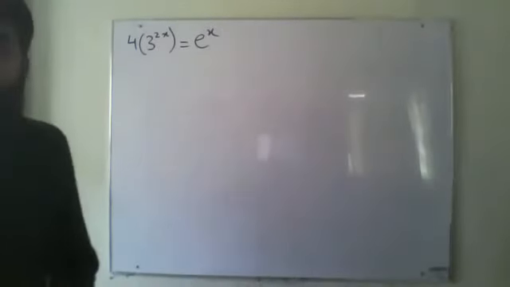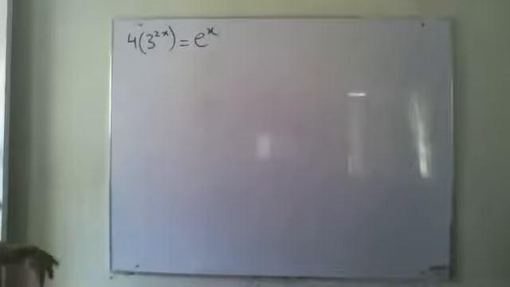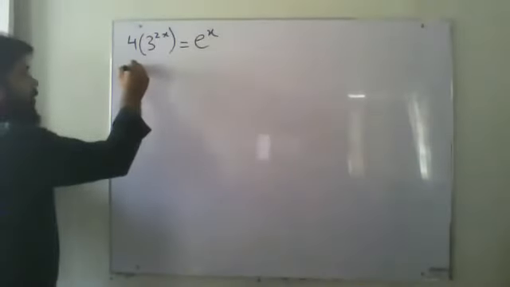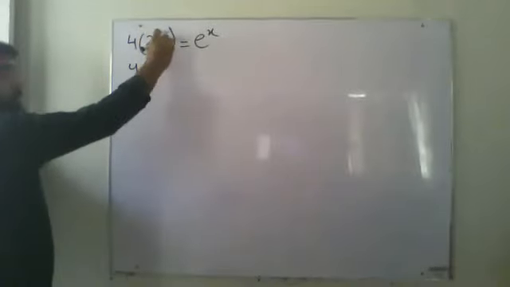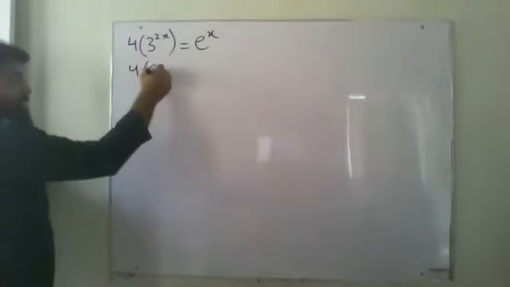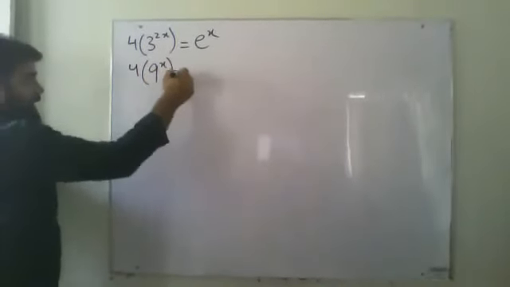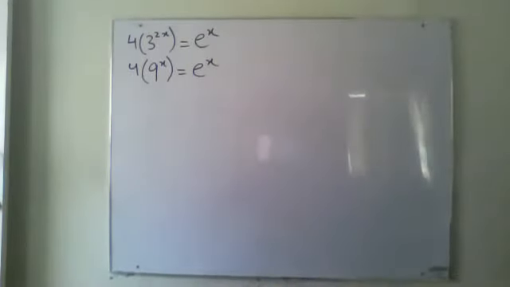So which log will I have to apply? That is the thing I have to see. First of all, 3 has 2x, a multiple is given, so 2 will be applied on 3 and this will become 9 to the power x, e to the power x. Right now I am not applying any log. I am just solving it.